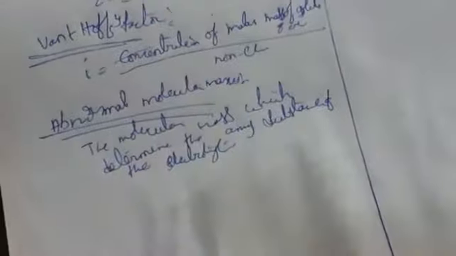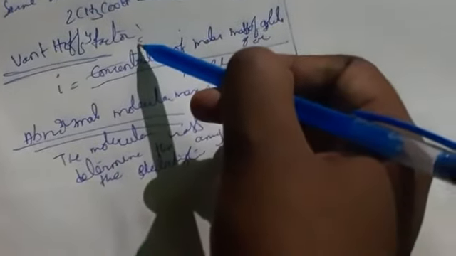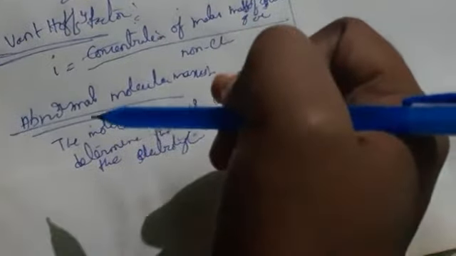Okay, mainly it is the relation between colligative properties and the molecular mass of the solute. So this one we call abnormal molecular mass. This abnormal molecular mass depends upon the Van 't Hoff factor i.